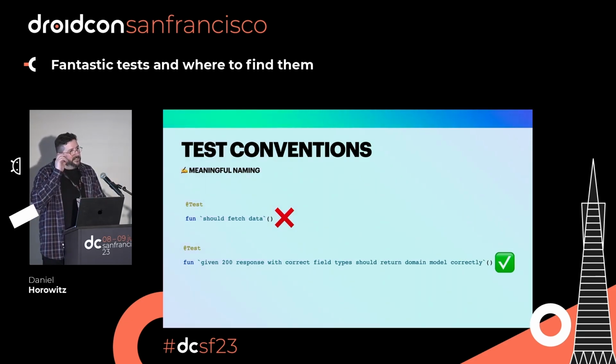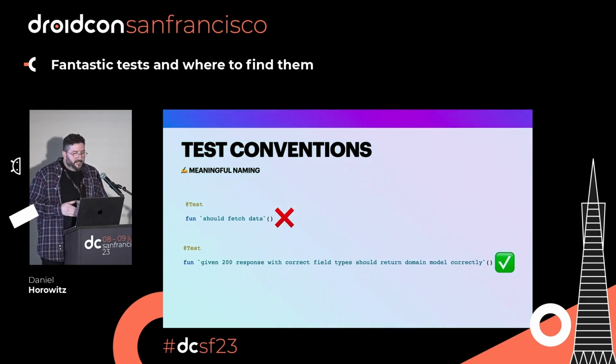So it does ring a bell when you start thinking, okay, if I change the HTTP code, does the test change? Do I get another behavior? Should I write another test for that? Or in this case, we also have "with correct field types." So if I have an incorrect field type, do I get an error? So you start to think about these alternative scenarios.